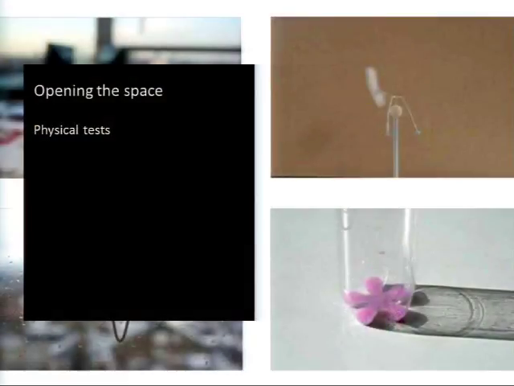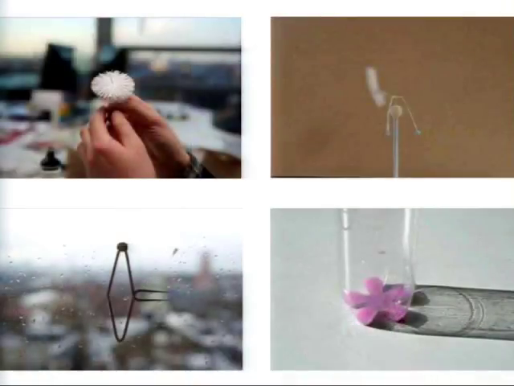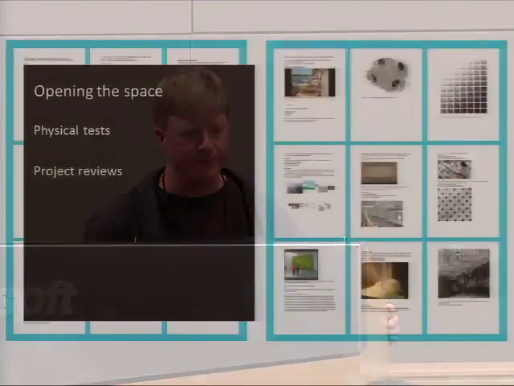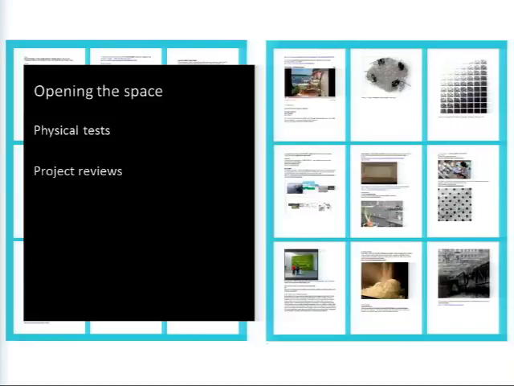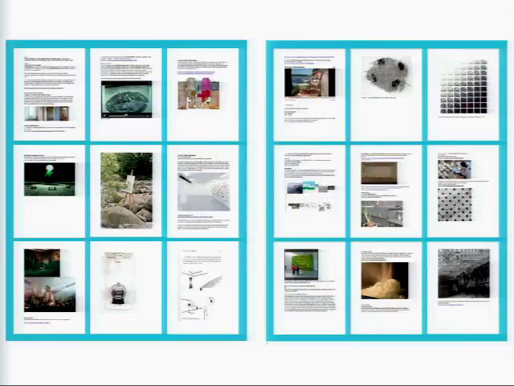We started in this project by pursuing a number of physical tests around the studio, making odd little paper weather vanes, hair hydrometers, using thermochromic ink to see whether it would evaporate and make nice patterns on the side of bottles, all to try to attune us to the notions of the microclimate of an indoor space. We also pursued a number of project reviews in which we looked at numerous arts and design projects vaguely in the area in which we were interested.